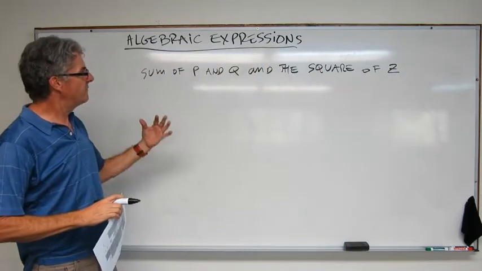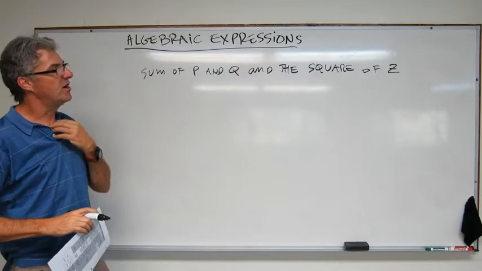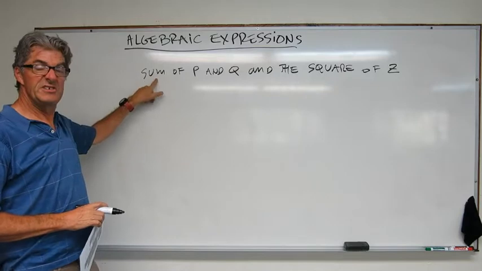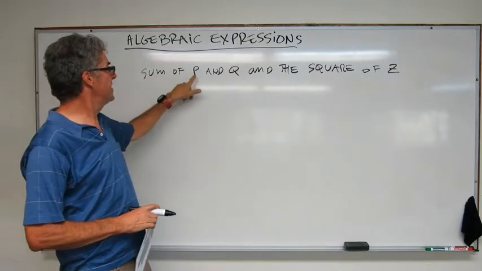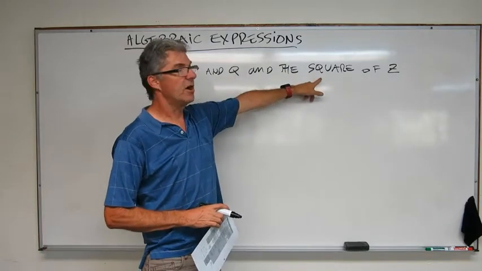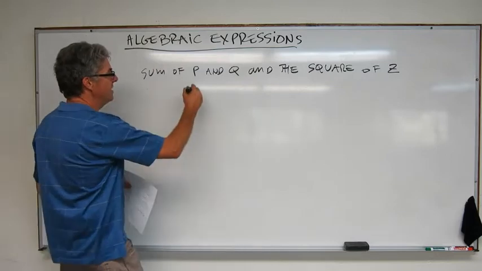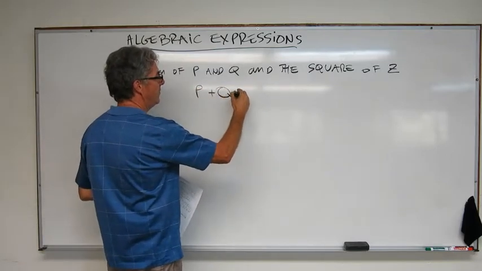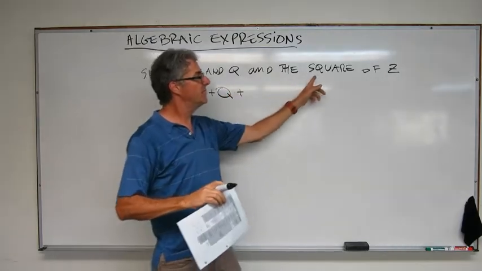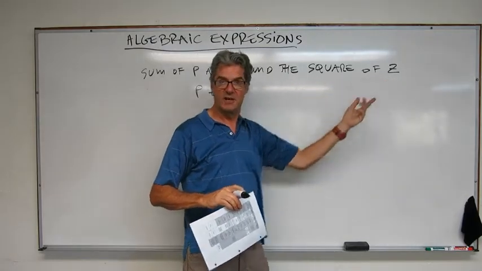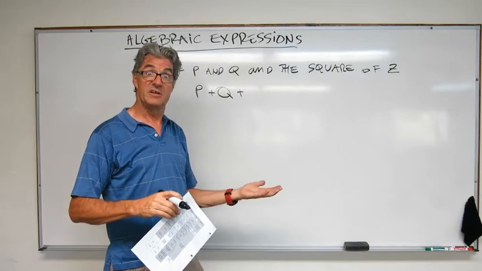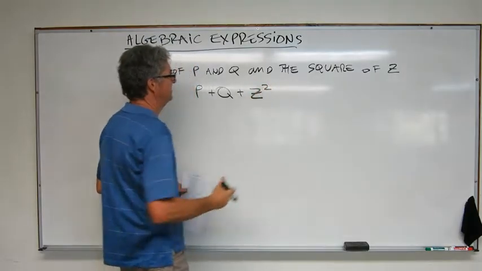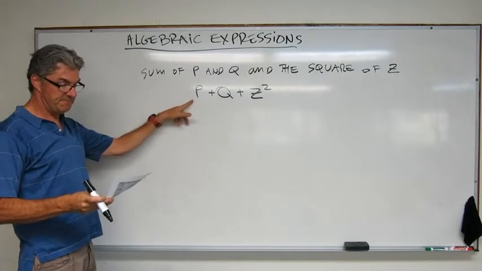The sum of P and Q and the square of Z. So sum, this is all adding. It just does three things. P and Q and the square of Z. So this is going to be P plus Q plus, and this is a little bit more complicated. It's the square of Z. All that really means is Z squared. So we just write Z squared. So this is what you would get for that.